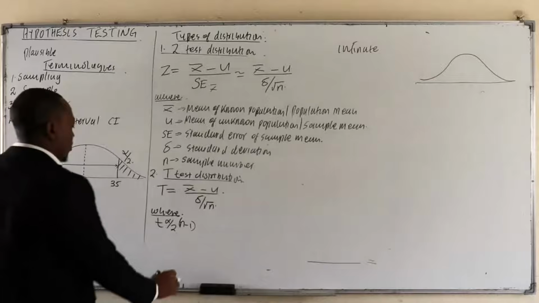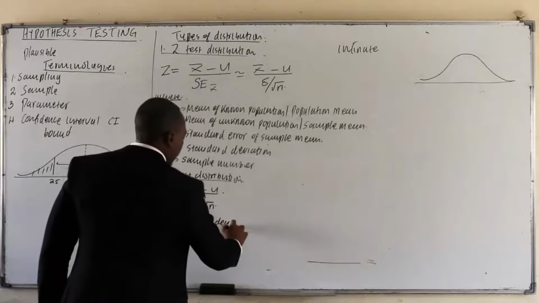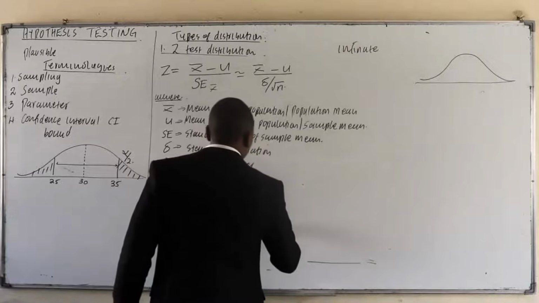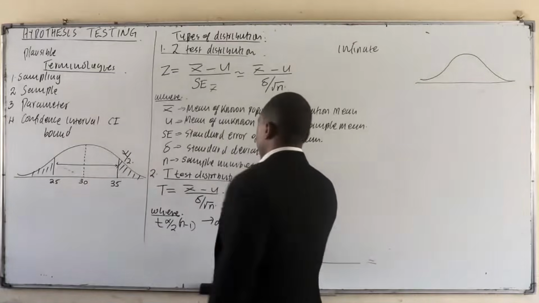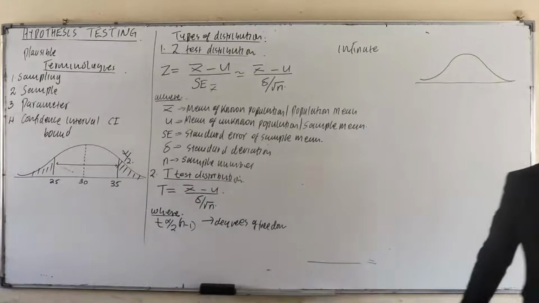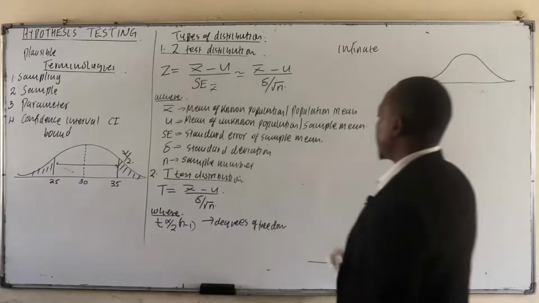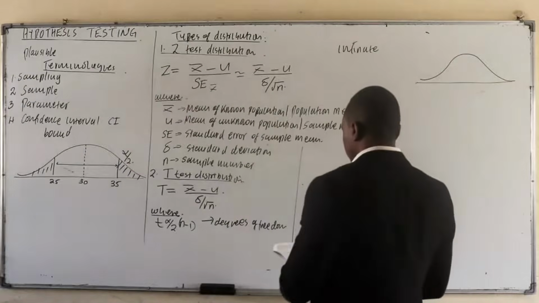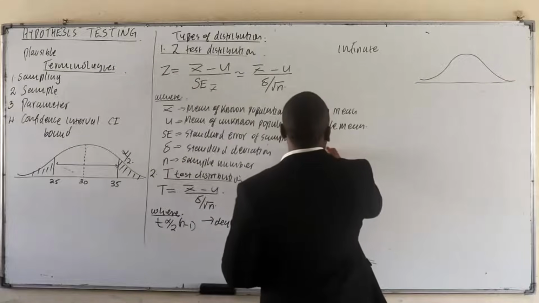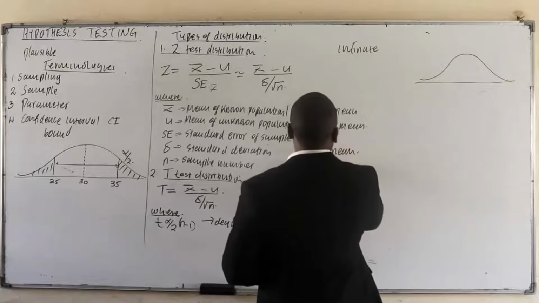Now this is what we call the degrees of freedom. Degrees of freedom is determined as follows, in case of one mean and in case of two means.